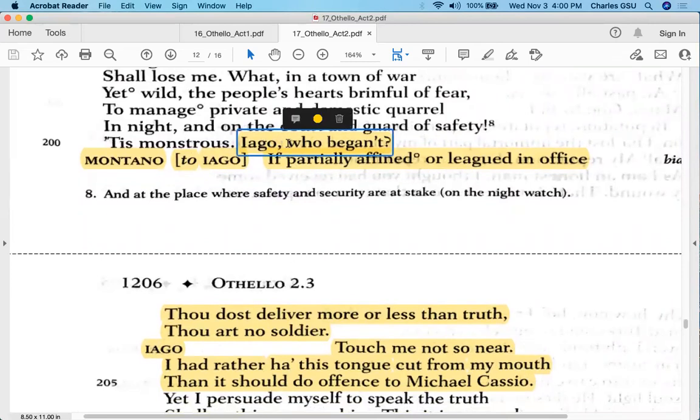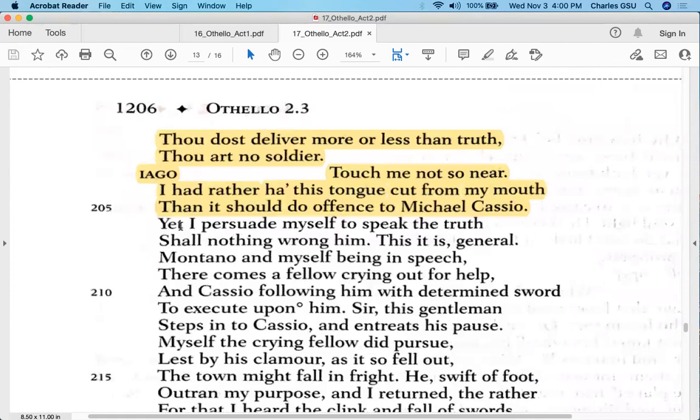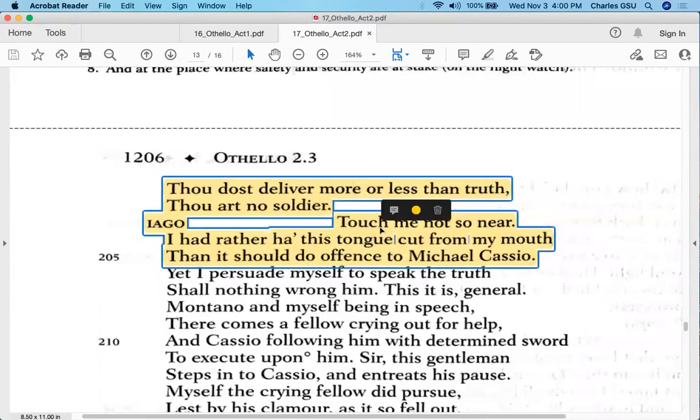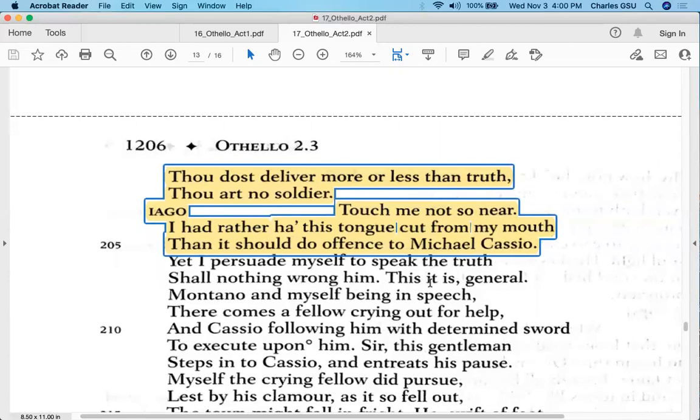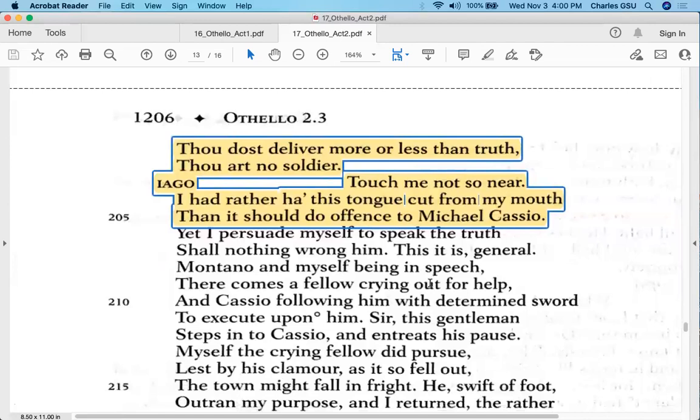Othello asks again, "Iago, who began it?" And then Iago answers, "Touch me not so dear. I had rather have this tongue cut out from my mouth than it should do offense to Michael Cassio." So even in the denouncement, "Oh, don't make me tell who it was.